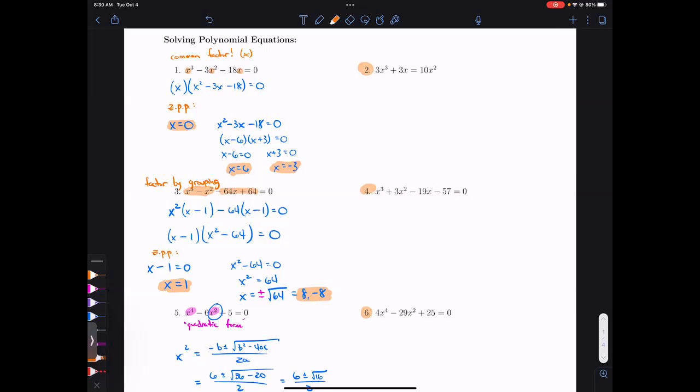If you can't come up with those, you don't want to mess with it, use the quadratic formula instead, like we did on the last one, using x squared.